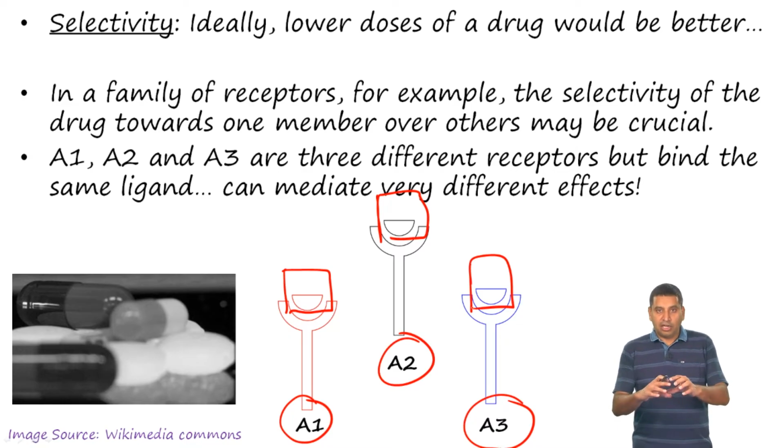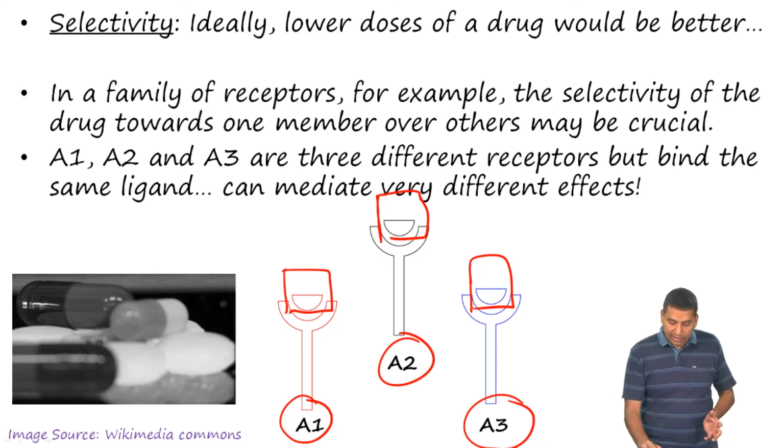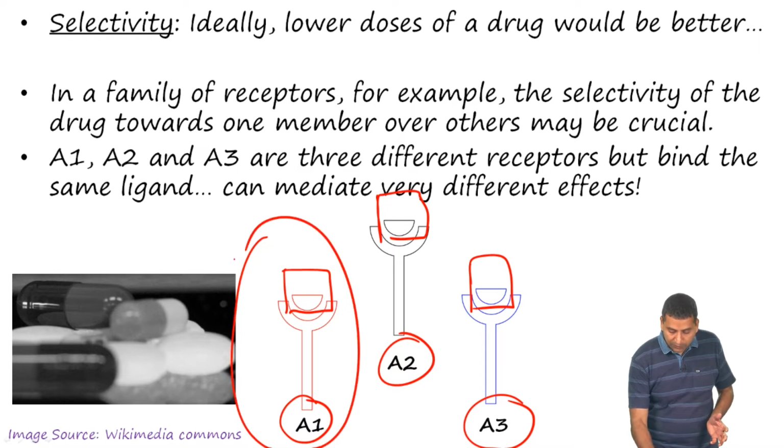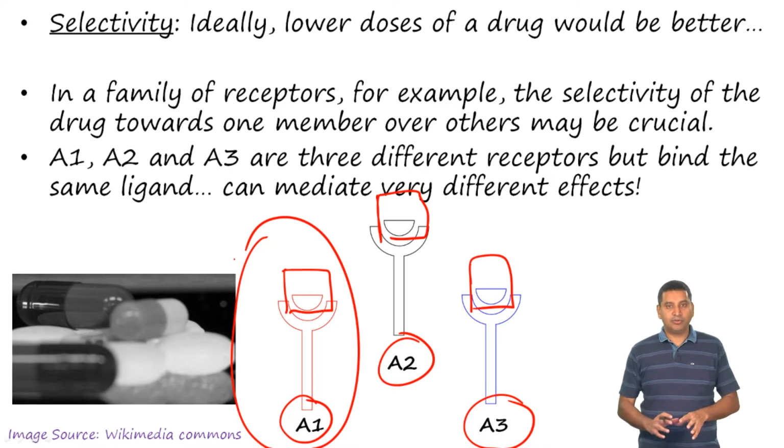Therefore, even among receptors of a similar family, we need to optimize the lead compound so that it binds only to A1 in preference to A2 and A3. So, this is the concept of selectivity.